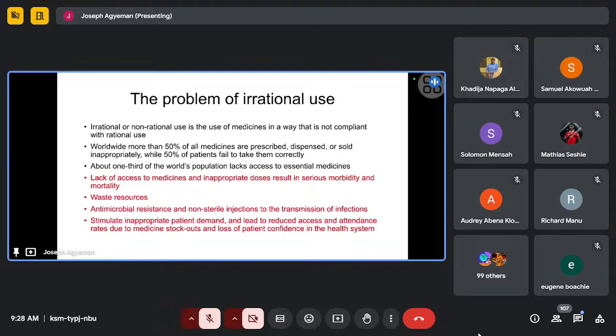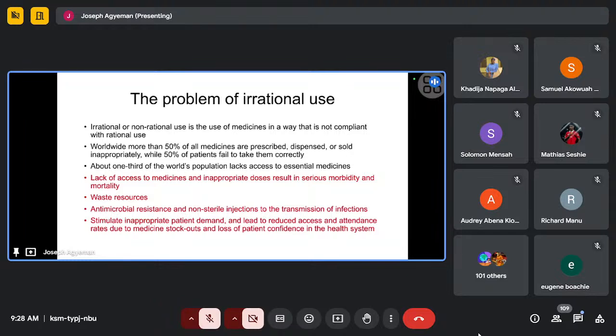Once you are not getting access to appropriate medications from the recommended source, issues like antimicrobial resistance are likely, because anybody at all comes in, gives you medications like antibiotics. You may not even be having a bacterial infection, then you use it.